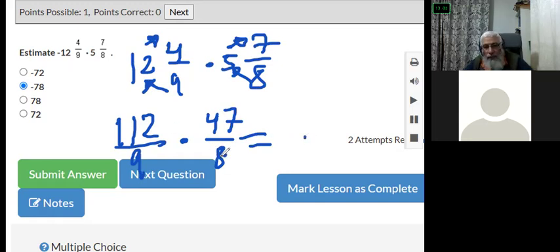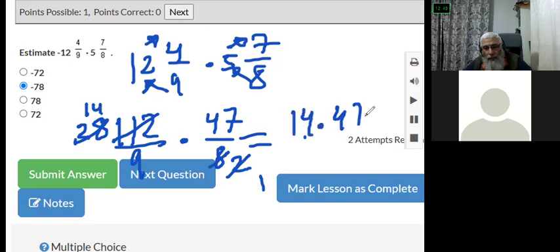Divide 112 and 8 by 4: 112 divided by 4 is 28, 8 divided by 4 is 2. Then divide 28 and 2 by 2: 14 and 1. So it is 14 multiplied by 47 over 9. This is a very big number.